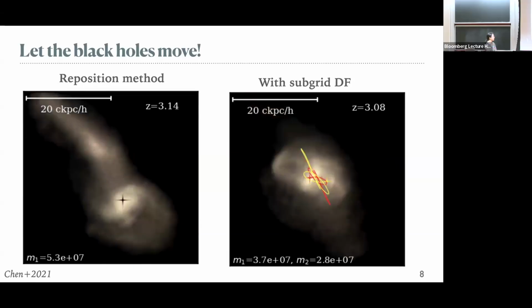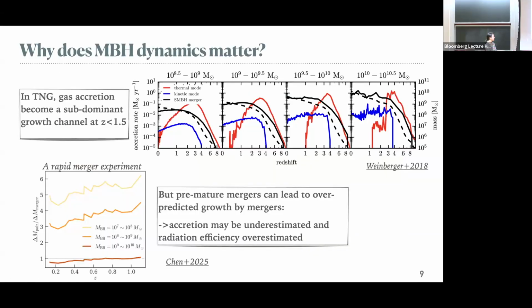But yes, the main difference is the merging timescale, but here I want to mention another reason why you should care about modeling everything consistently. For example, in TNG, where they have repositioning, one of the predictions is that after about redshift 1.5, all the black hole growth is significantly dominated by mergers. This black curve is the mass accretion by merger, and this is the accretion by gas.